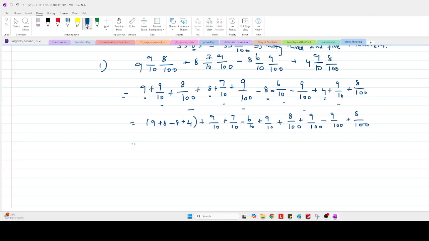Okay, so now can we write this: 9 plus 8 minus 8 cancel, 9 plus 4, 13, plus. We can group all the tenths, divided by 10: 9 plus 7 minus 6 plus 9. Then plus we can group divided by 100: 8 plus 9 minus 9 plus 8.